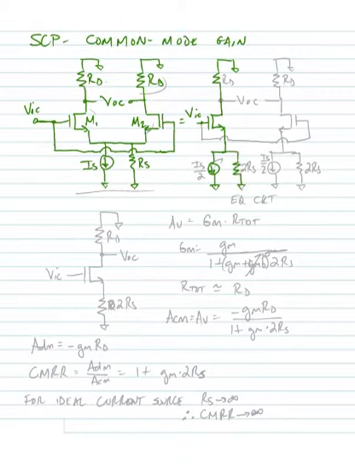Our resistance, of course, would be in parallel, so we would need 2 RS in order for the circuit to be equivalent. IS over 2 here. 2 RS here.